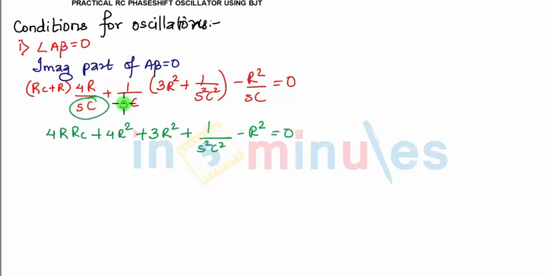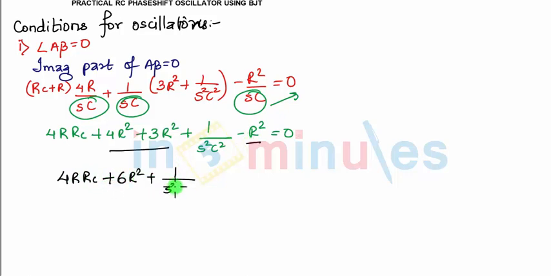What we did, 1 upon SC going on the other side will cancel out. Now this can be written as 4R into RC, which will give you 6R square plus 1 upon S square C square equals 0. We can say 1 upon S square C square is nothing but minus of 6R square plus 4R into RC.